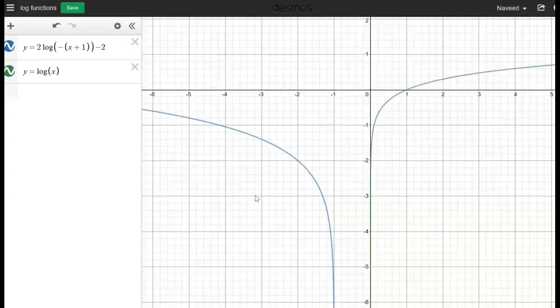And also notice that your asymptote has been shifted. Your asymptote now is x equals -1, which is this vertical line right here. All right, that's what that is. Everything has been shifted. And then the reflection, because originally this graph should have been in here, but now it's a reflection over the y-axis, and that's what you are getting right there.